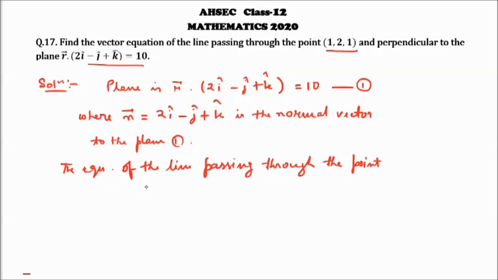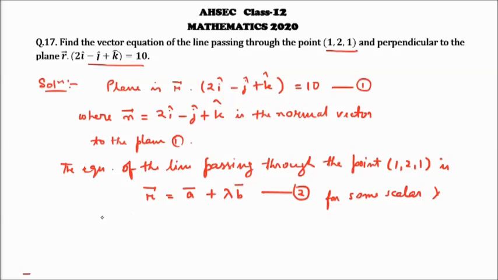The equation of the line passing through the point (1, 2, 1) is r vector equal to a vector plus lambda b vector. So I have just written the general vector equation for a line passing through a point. What is this lambda? For some scalar lambda.